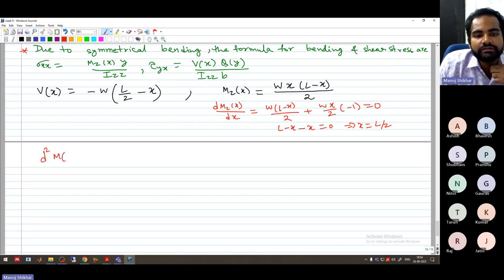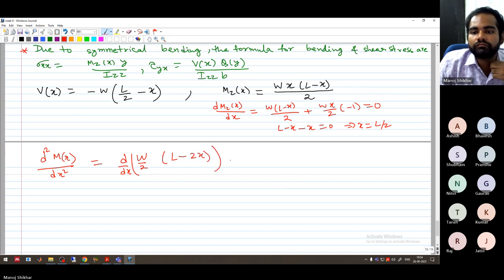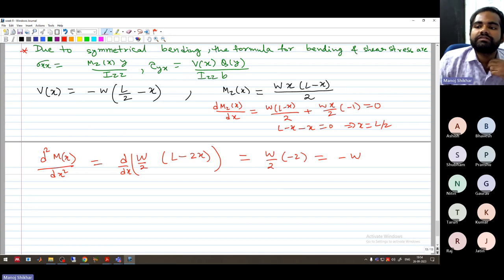So del 2 Mz del x square is negative. Since W is positive, del 2 Mz by del x square is less than 0. Hence the point is a maxima.